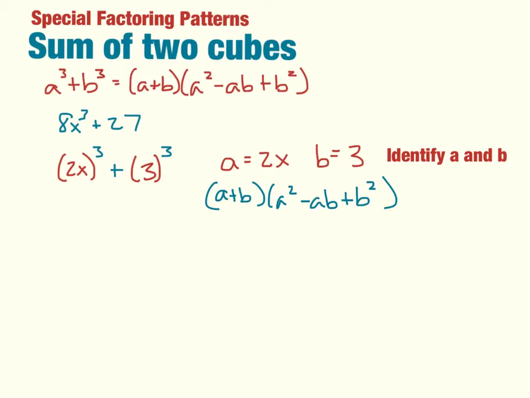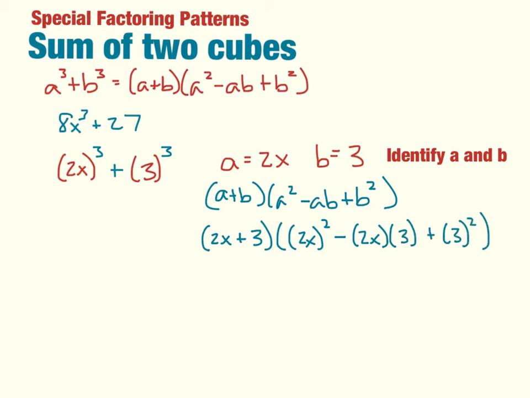So that would be 2x plus 3 times, now I'm going to put this in an extra set of parentheses, 2x all being squared, minus 2x times 3 plus 3 squared.